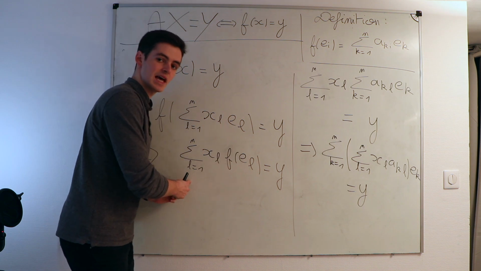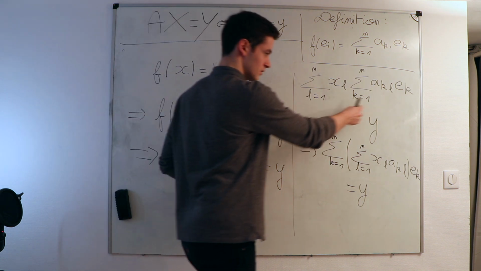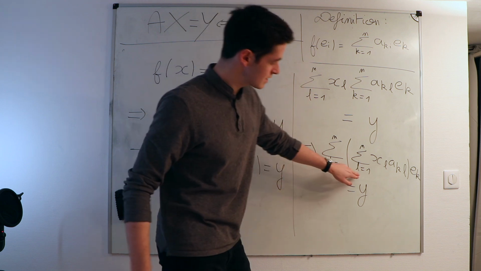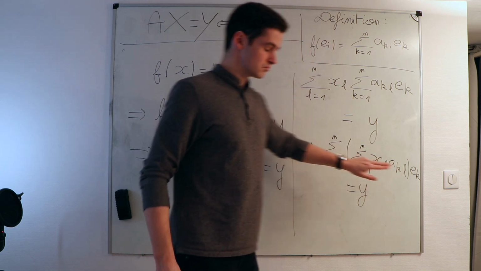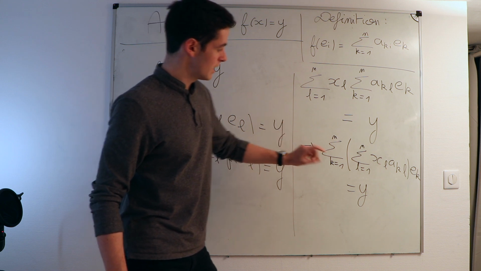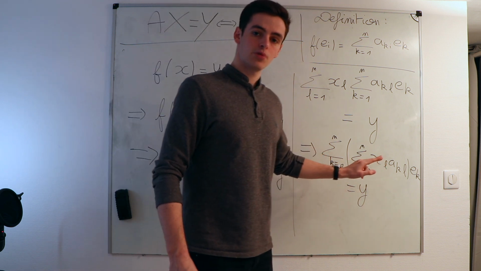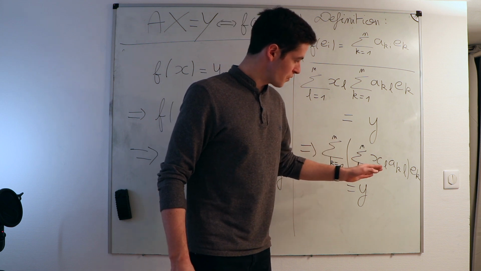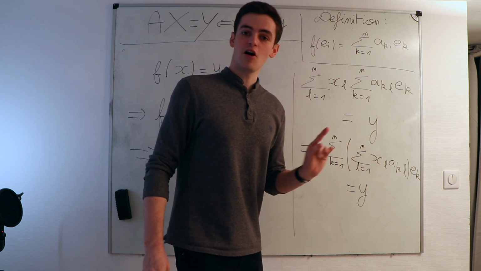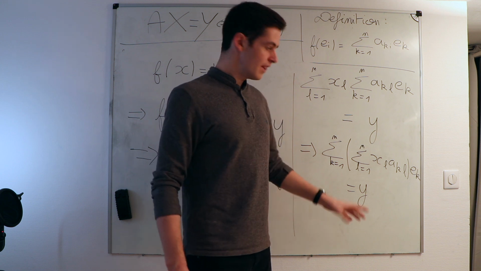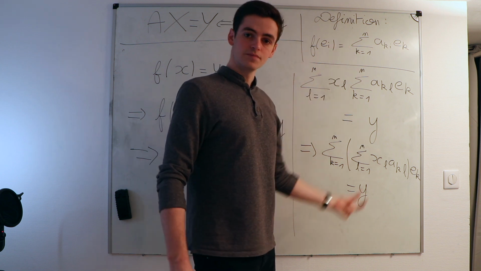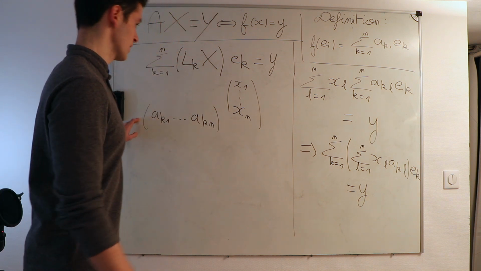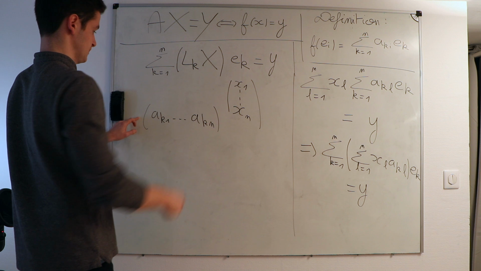So we can rewrite F of x as this vector, and likewise we can interchange the summations to make this expression appear. You can see that this is, by definition of the matrix product, the product of the kth line of the matrix A and the column vector x. This is the kth line of the matrix A, and this is the column vector x.